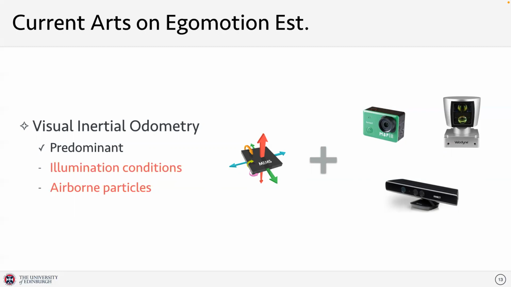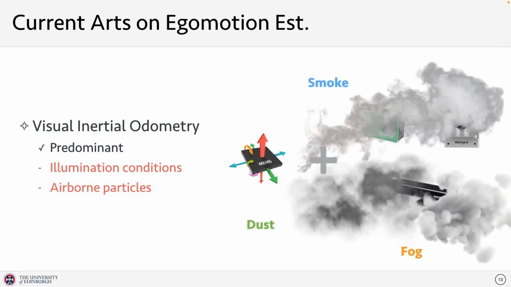But as we know, inertial sensors are cheap. They rely on the inertia without bothering to use external sensors from the environment, so they are safe to visual degradation. But we also know, as I described before, optical sensors are not good candidates here because they can't deal with lots of illumination or airborne particles such as fog and smoke.